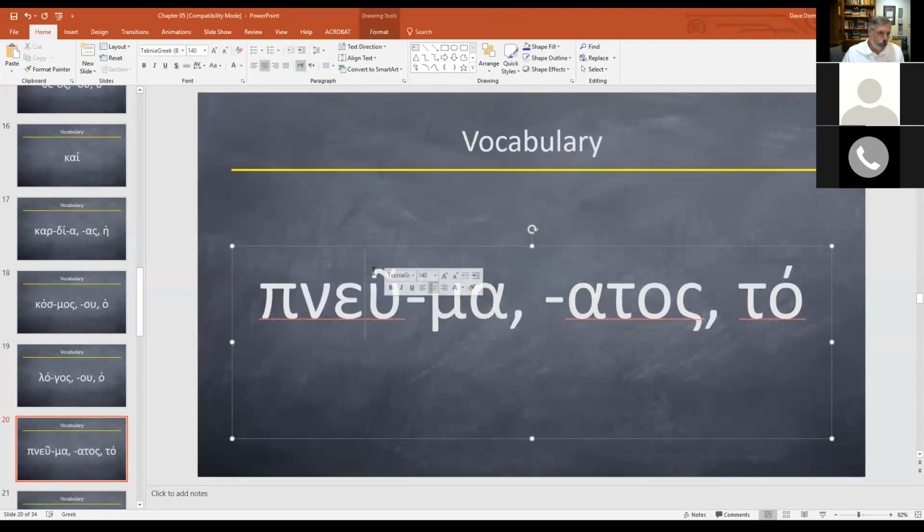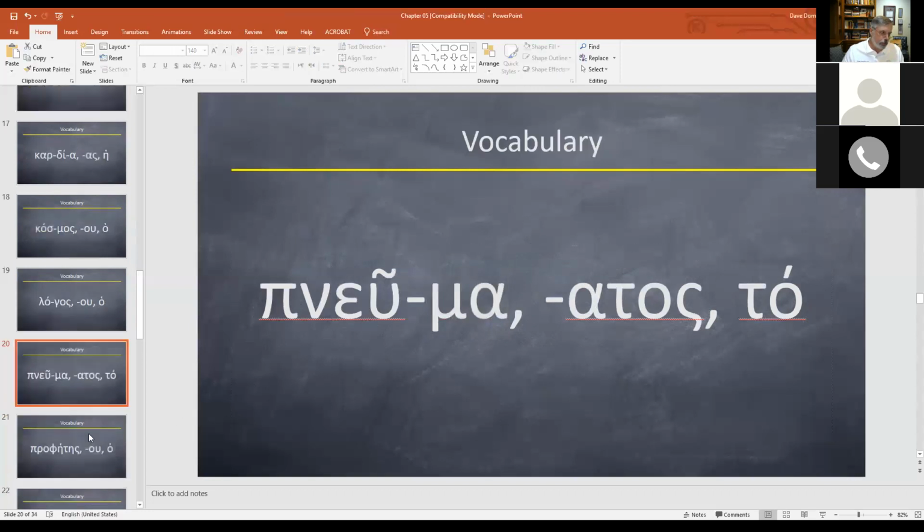And there's my accent mark with the little wavy line. That's a circumflex. So it's pneuma. And this means spirit or breath, wind. So it could be the spirit that's in me, the Holy Spirit. It could be my personal spirit. It could be wind, those kind of things.